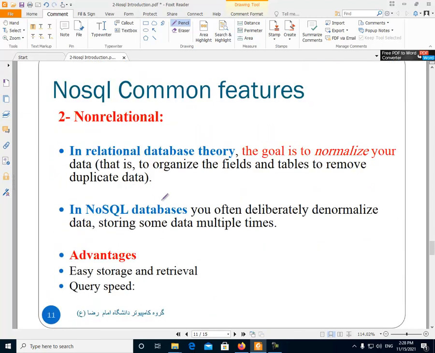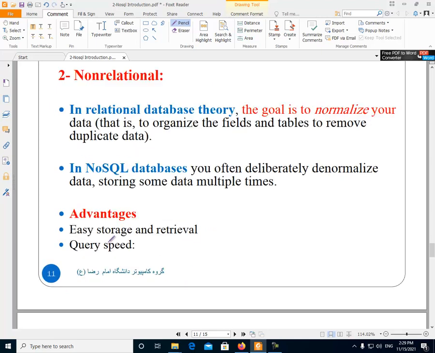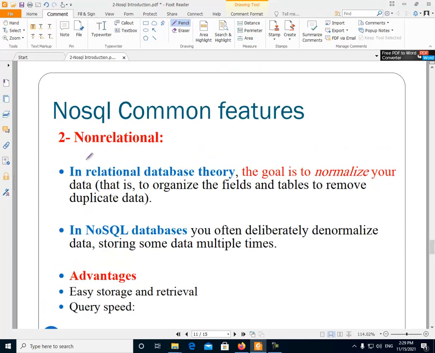These are some examples of this feature, that the NoSQL database is non-relational, and this feature helps the NoSQL database to have easier storage of data and faster speed in the operations.